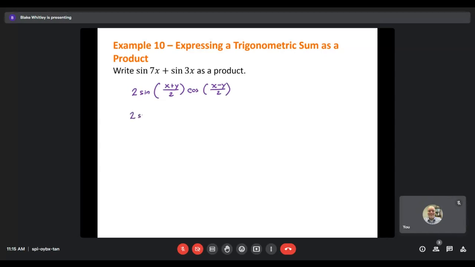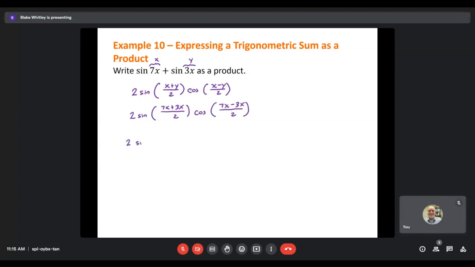All right, so substituting in now, our x value we just said a minute ago is going to be 7x, plus our y value is going to be 3x. And then we have the cosine of 7x minus 3x all over 2.